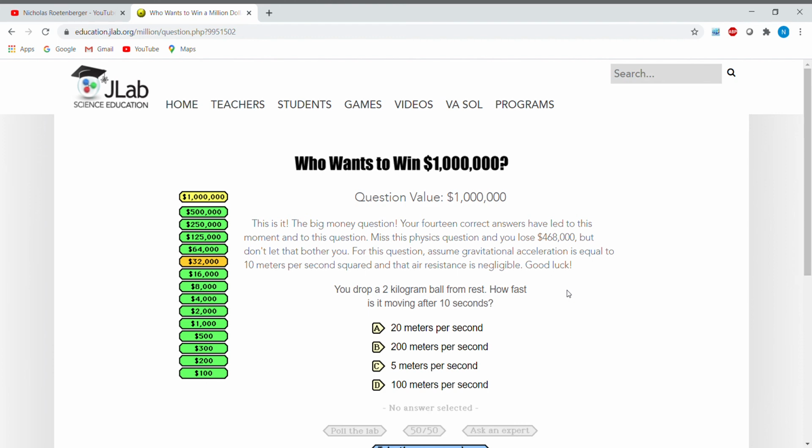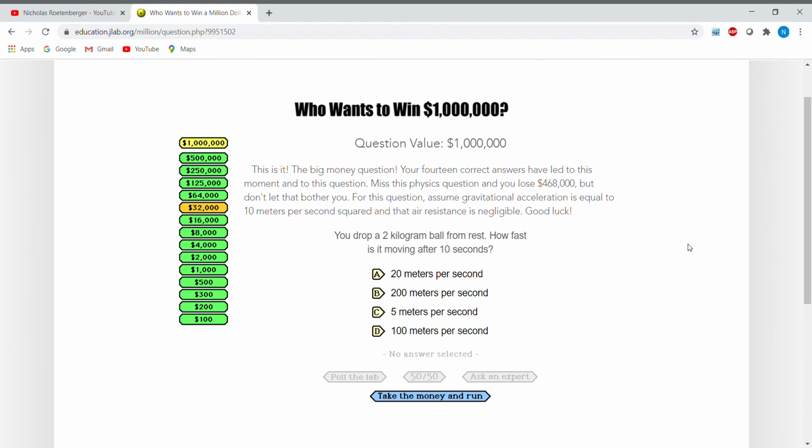So, oh man, well, I don't think it's C or D. 10 seconds, so 2 kilograms is like how many meters?